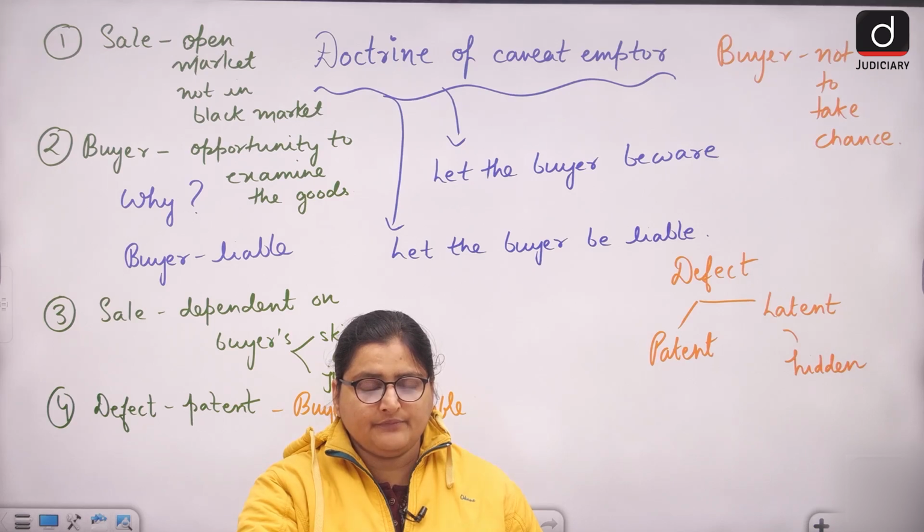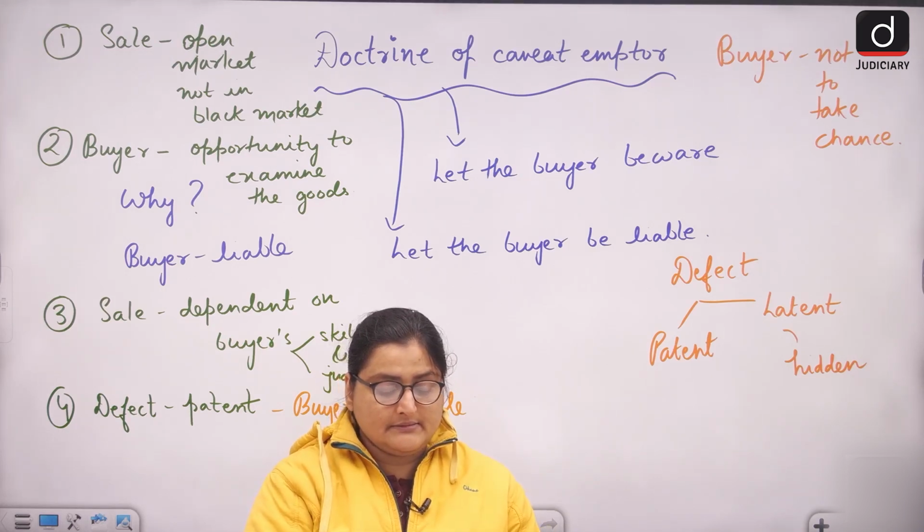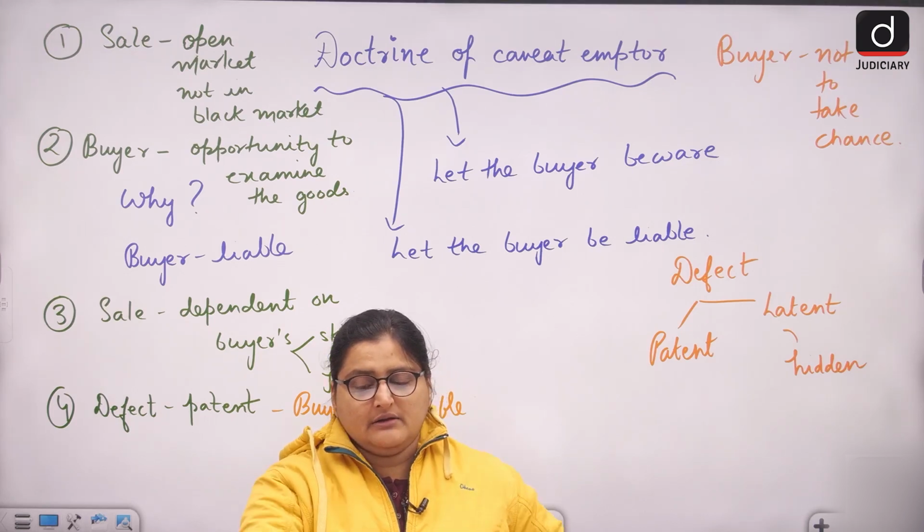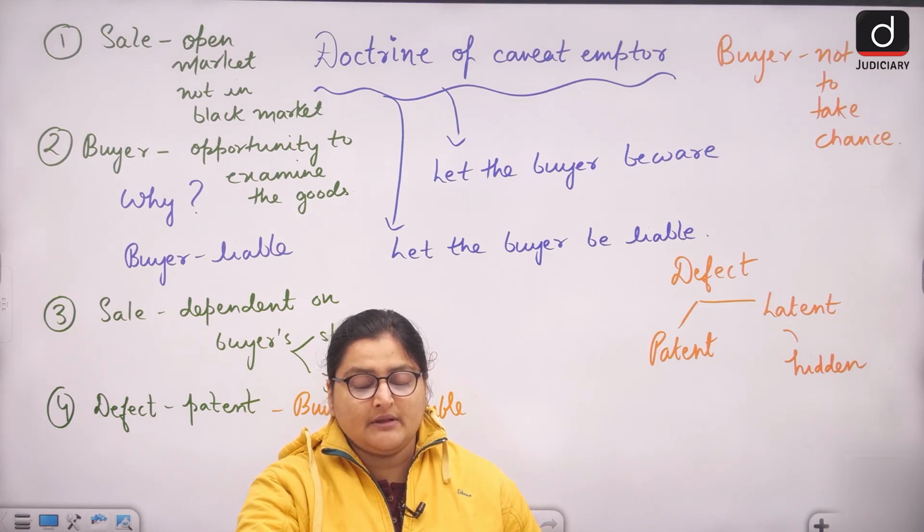Fourth one: if the defect in the goods is patent, which the buyer could very easily recognize by exercise of ordinary diligence.